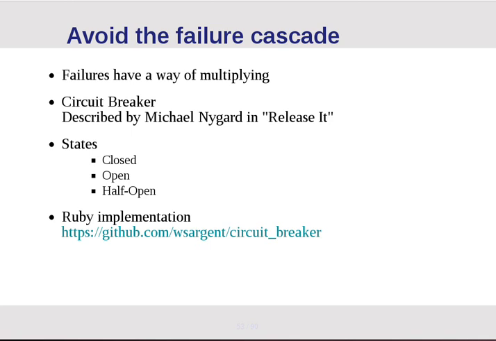In the closed state, your system operates normally, but an error counter keeps account of failures. Once the failure counter reaches a certain threshold, it trips the circuit breaker into the open position. And in the open position, your system is prevented from running anymore. So whatever it was doing that was failing, it's not permitted to keep doing it.